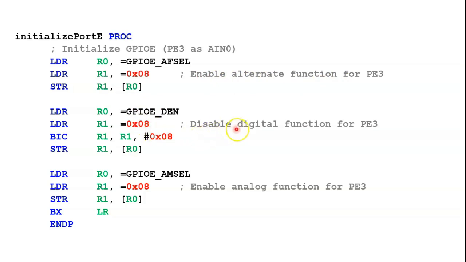Then this will disable the digital function of port E bit 3, and these instructions here will enable the analog function for port E bit 3. BX LR will return the control back to the main program, and ENDP marks the end of this subroutine.